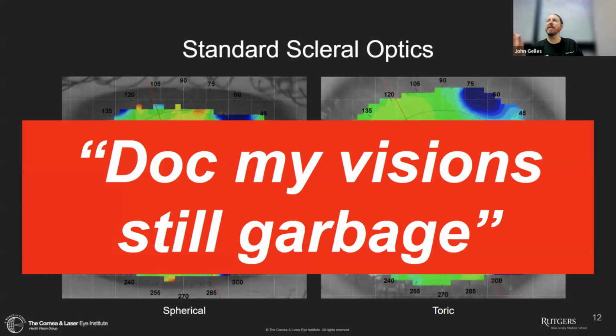But when we fit these on the individual, the common thing you'll hear, after you've slaved away on getting a great fit and done the best you can to get them 20/25 or 20/20 vision, is the patient still saying, hey, the vision still isn't sharp. The vision is still kind of blurry. And traditionally, that was the best that you could do.